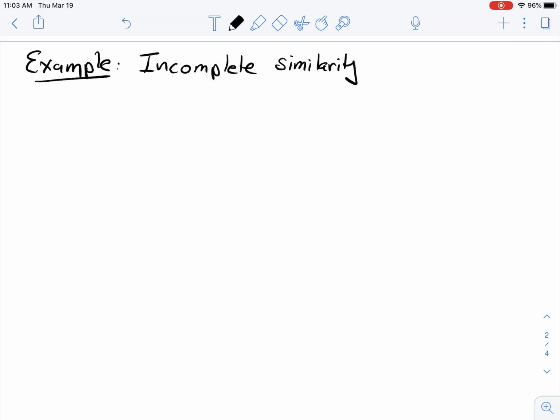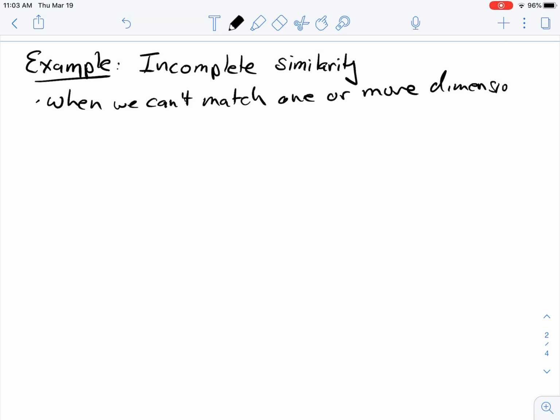So this is, as I said, an example of incomplete similarity, and this is when we can't match one or more dimensionless parameters. So you have all your pi groups, and it turns out that maybe you can't match one of those. This is what this means. And as I said, the classical example is when we try to match the Froude number and the Reynolds number.